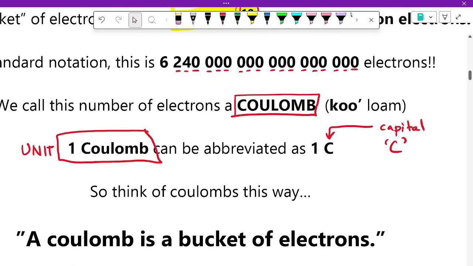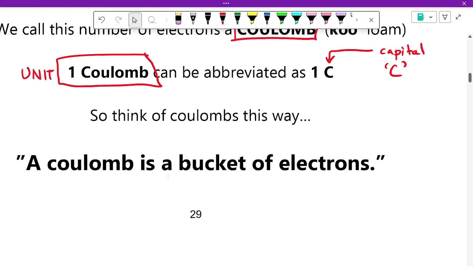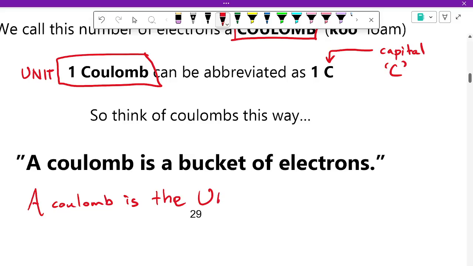So we can think of a Coulomb as a bucket of electrons. And a Coulomb is the unit for the quantity charge.